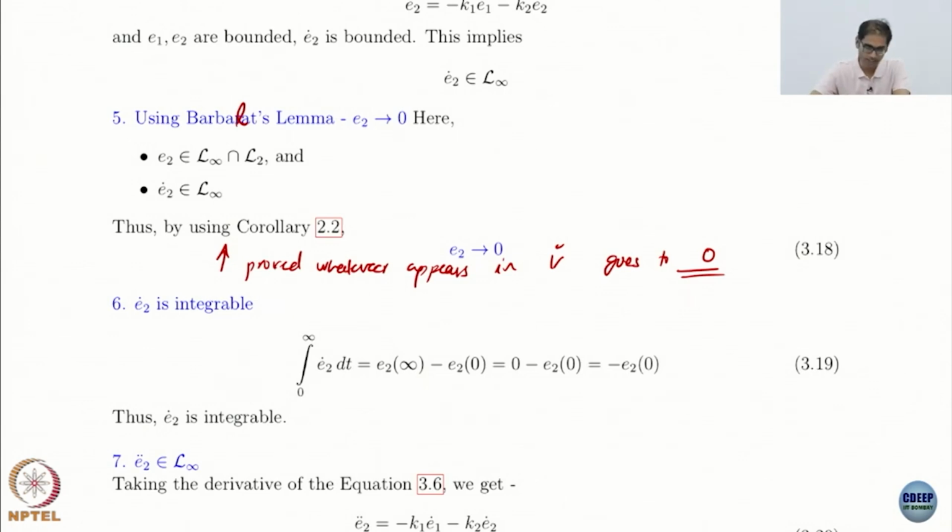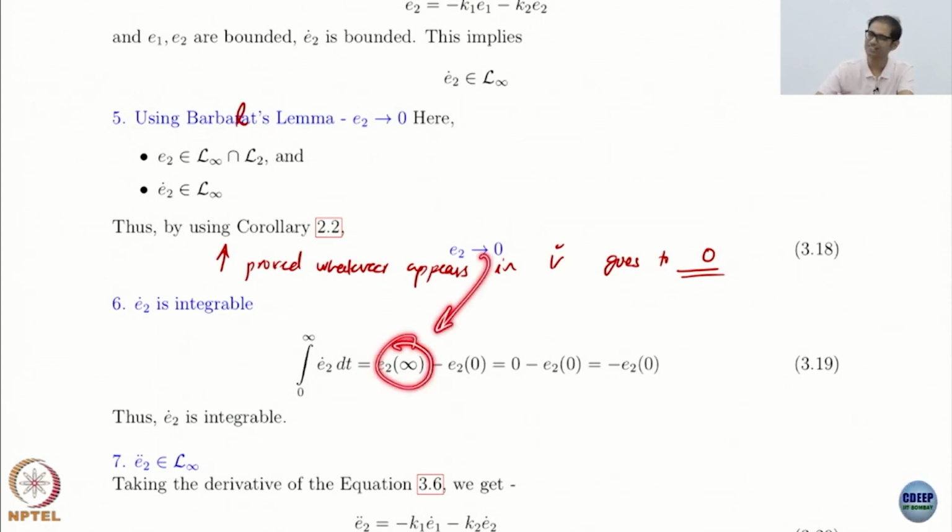How? I will start by claiming that E2 dot is integrable. So what is the integral of E2 dot? This. But I know that E2 infinity is already 0. I just proved it, because this is just E2 infinity minus E2 at 0. Again, with poor notation, do not worry, there is no such thing as E2 infinity; this is actually the limit as t goes to infinity of E2.